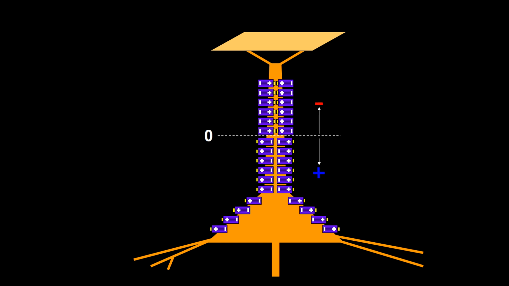This situation creates an extracellular negative region on the top and a positive region below, separated by the demarcation line we just mentioned.